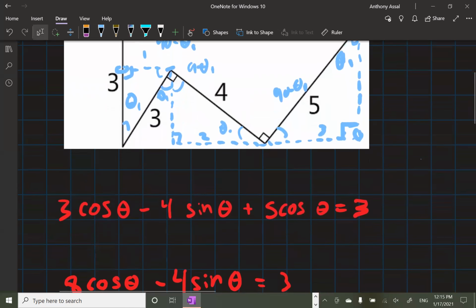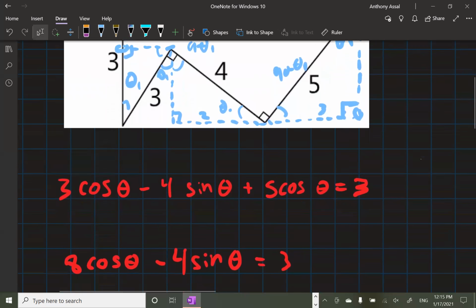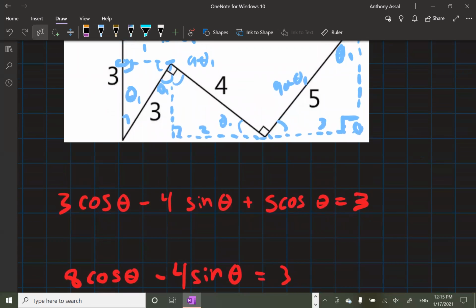If I do that, here what I'm going to do is combine the 5 and the 3 to get 8. And then now I have a cosine and a sine and a number. It's hard to really combine a cosine and sine into just one number.